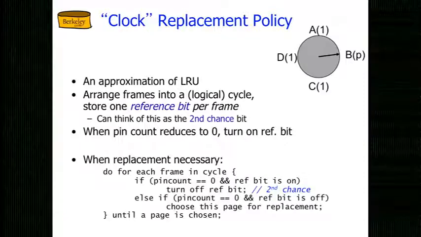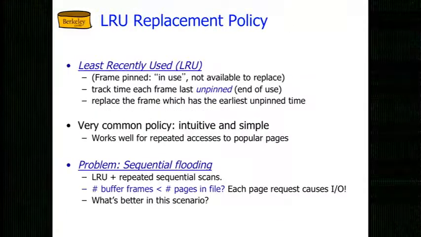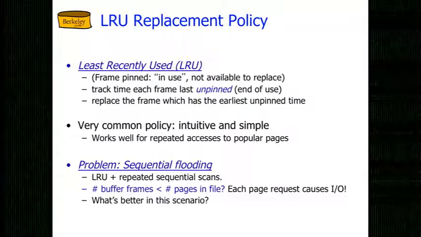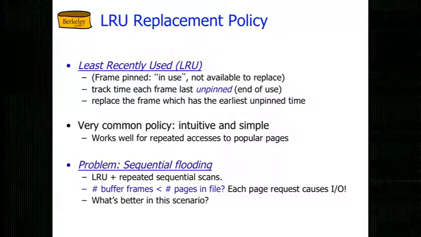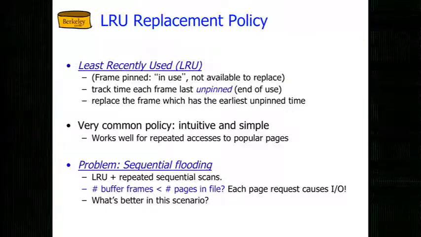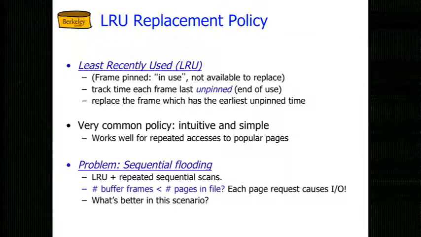So besides LRU being really bad for sequential flooding, it has another problem. Can anybody think what the problem is? Maybe you know from CS162. Yeah, it's really expensive. Why? If you have a really big database, you have to update the LRU for every single item in that database. Right, so think about this. You have, I don't know, 10 to 100 gigabytes of memory, so that's a lot of pages.